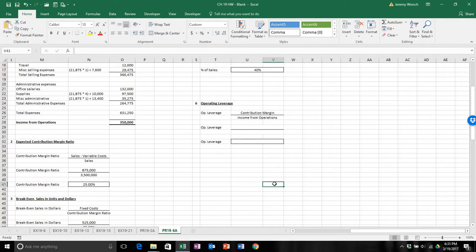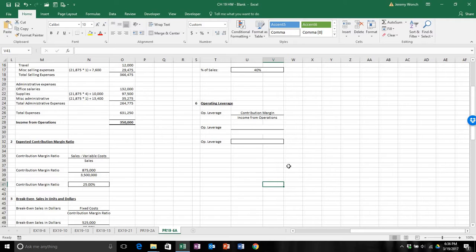And so the last one is operating leverage. Operating leverage is essentially, the more leveraged you are, the more money you're going to make the more units you sell. So the higher margin you have, the higher contribution margin, which means you have lower variable cost, the more you're going to take advantage of sales as they grow higher.